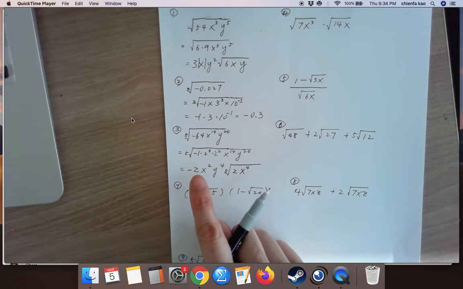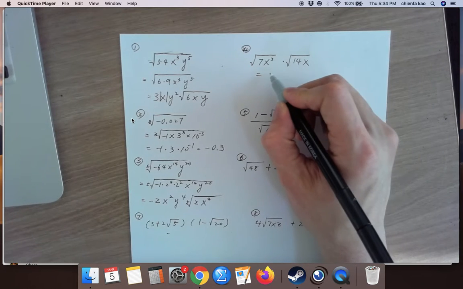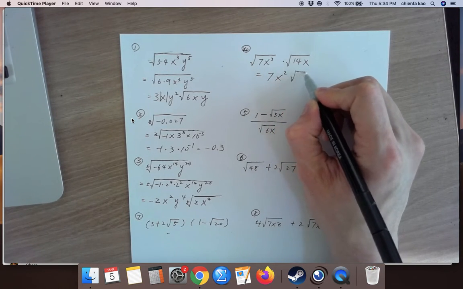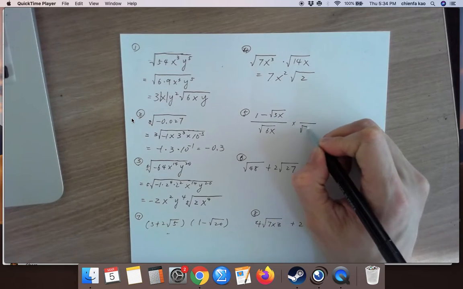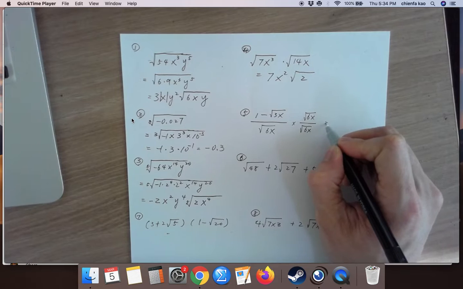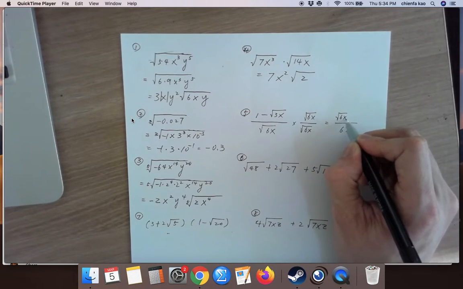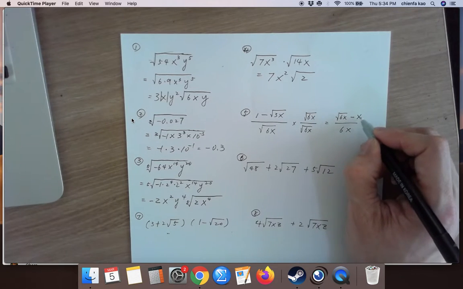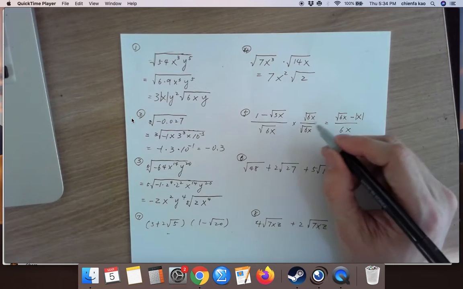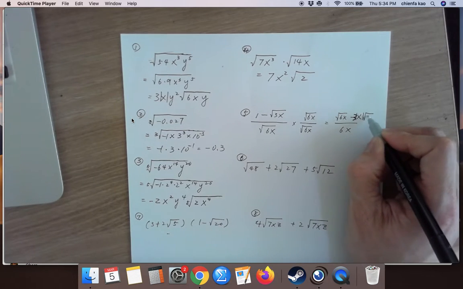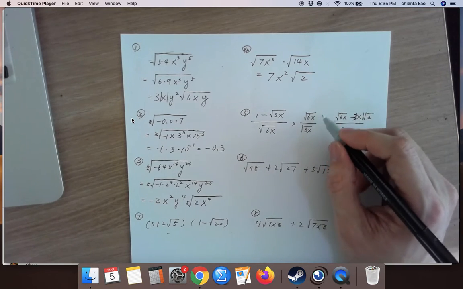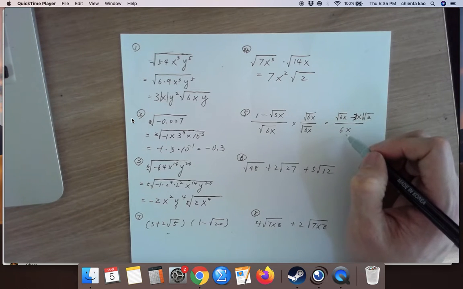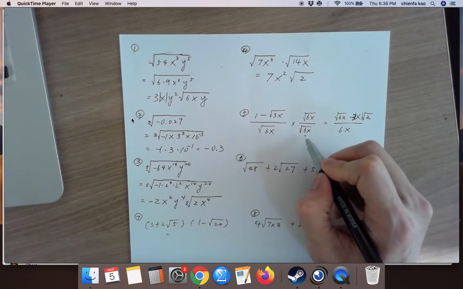All right, number 4. Number 5. Actually, for these ones, you have to assume that it's positive anyway because we cancel this negative out.